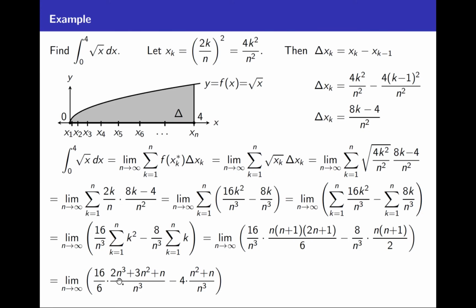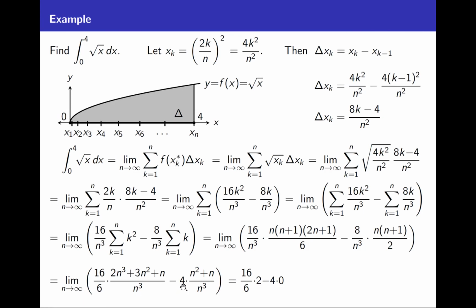Remember how when you have a limit as n goes to infinity of a rational function in n, you can get that answer by picking out the highest coefficients, the coefficients of the highest powered terms. In this case, 2 and 1, and the answer is going to be 2 over 1. So this limit works out to be 16 over 6 times 2 over 1.